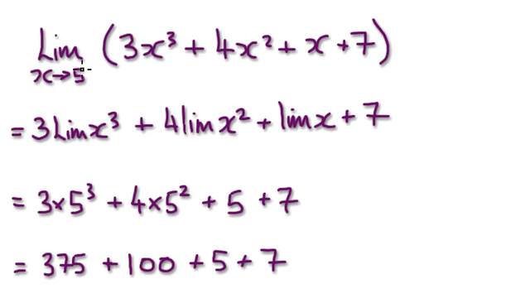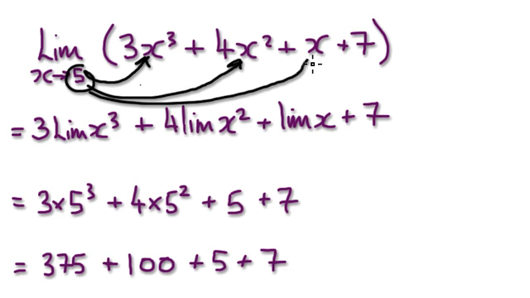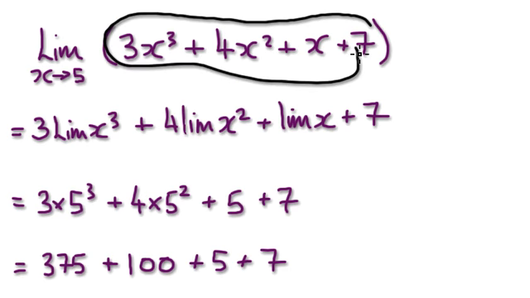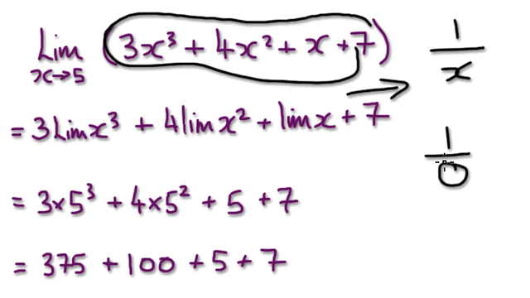My point is that when it comes to polynomials, you can simply put the 5 into here, here, and here, because nothing breaks down. It's not like the case where you have something like 1 over x, where if x approaches 0, you're going to have 1 over 0, and this thing breaks down.